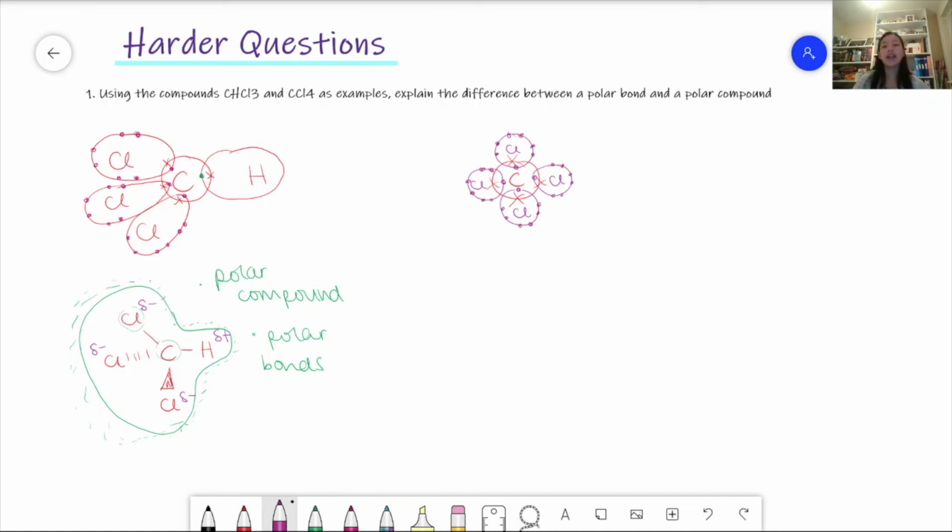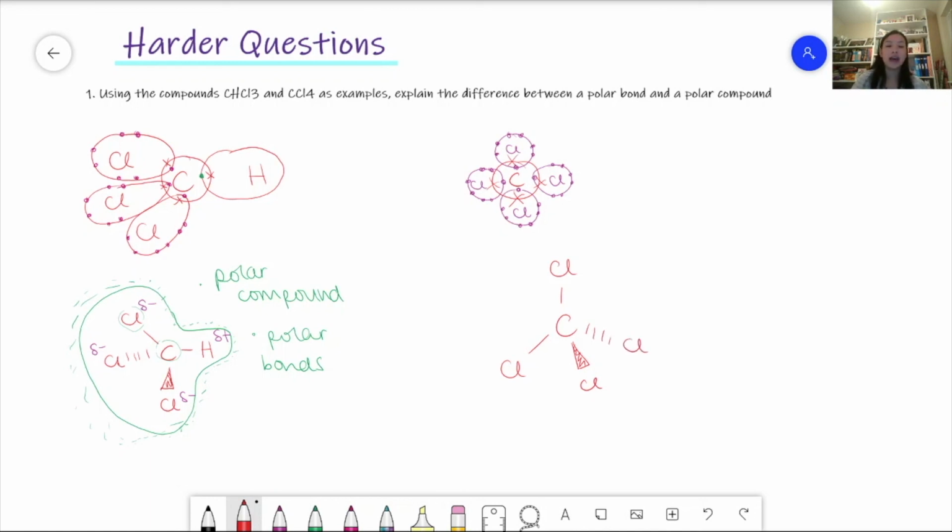And so again, it has 4 bonding pairs and 0 lone pairs. So the shape it creates is the tetrahedral. So it has carbon and then chlorine, another chlorine, chlorine behind, and a chlorine over here as well.